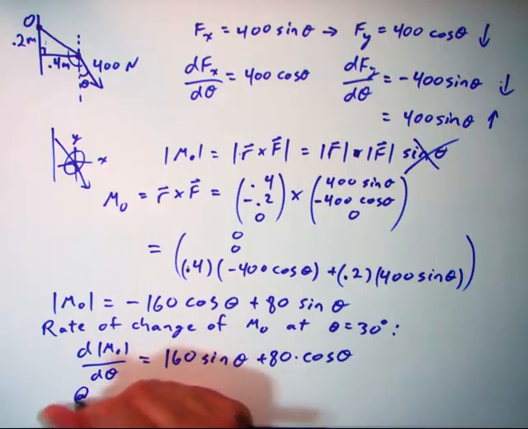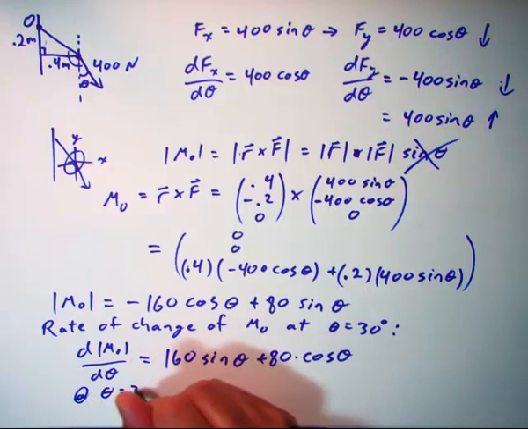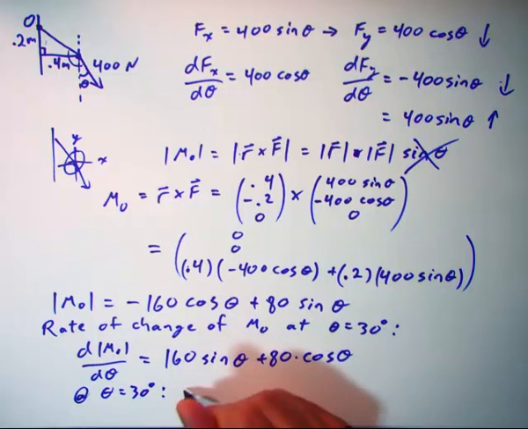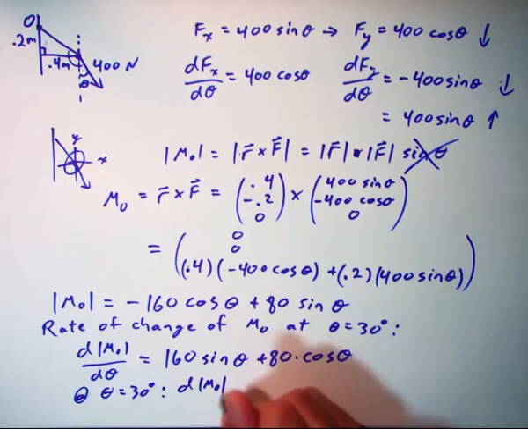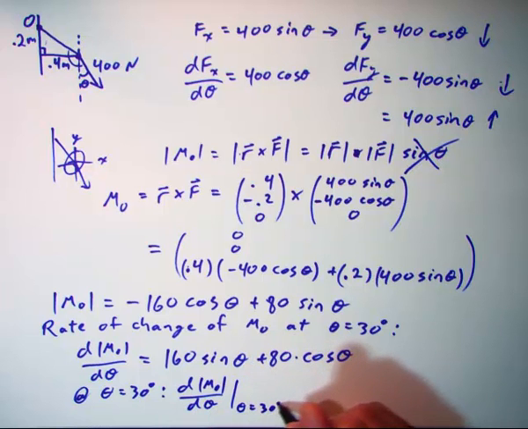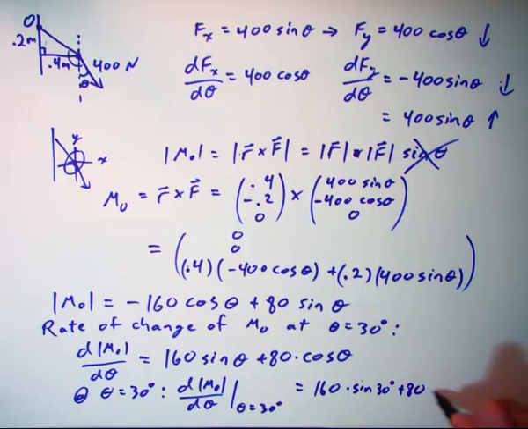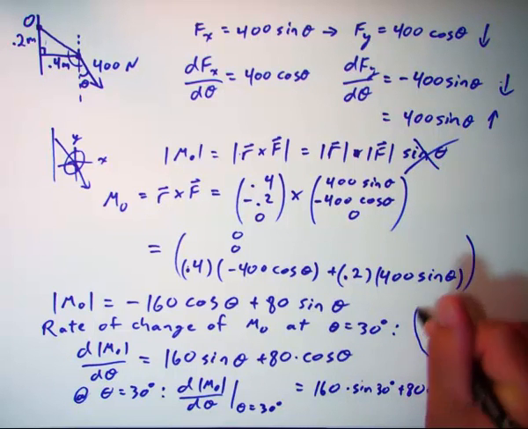And when we evaluate it at theta equal to 30 degrees, we have that the derivative, the rate of change at theta equals 30 degrees is 160 times sine of 30 degrees plus 80 times cosine of 30 degrees.